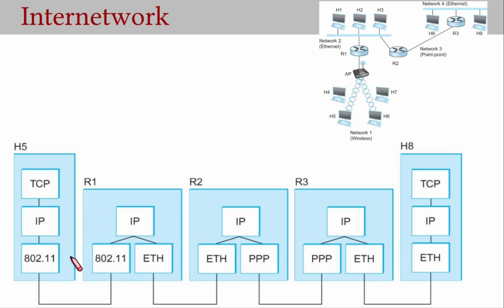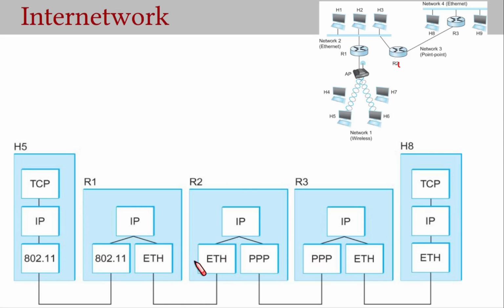The connectivity of H5 to R1 is through Wi-Fi, which is 802.11, and between R1 and R2 it's through Ethernet, an Ethernet network, network 2, connecting these two routers.